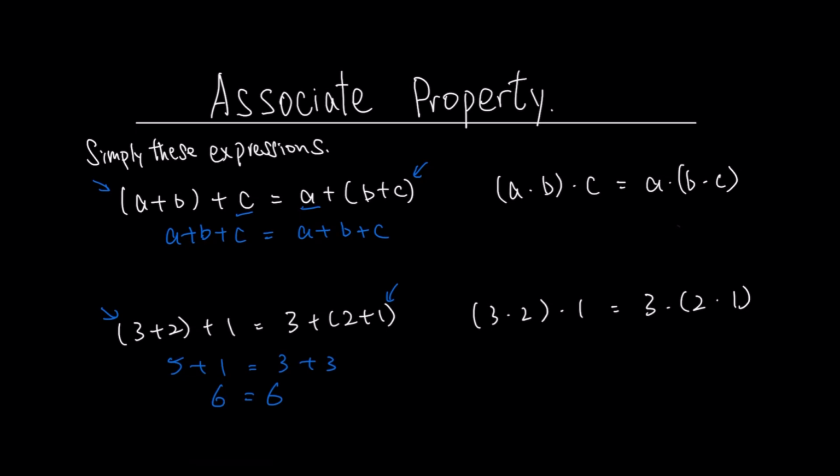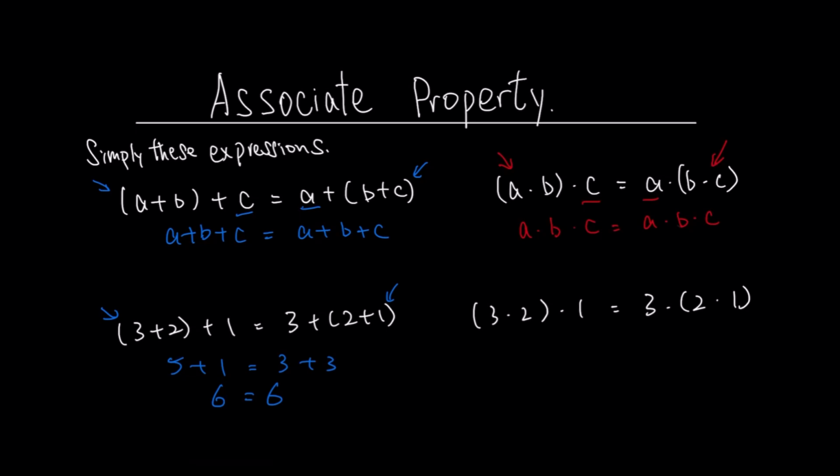Looking at some examples for multiplication, we have a times b times c, and whether we do a times b first and then multiply that result by c, or if we do b times c first and then multiply that result by a, it doesn't matter. We're just going to get a times b times c equal to a times b times c. The associative property tells us that the grouping or the order both do not matter.